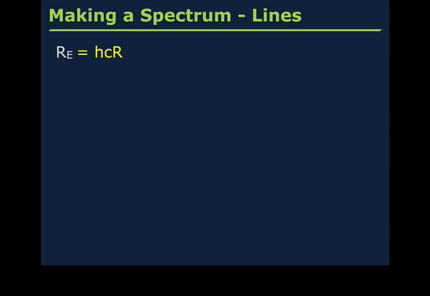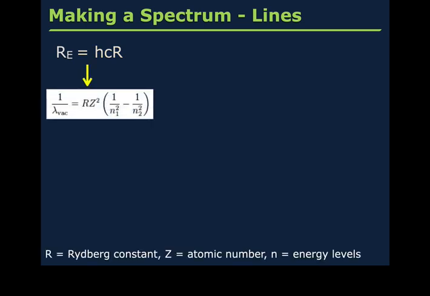Taking the Rydberg energy and dividing by the Planck constant and the speed of light gives us the Rydberg constant, so just R here as opposed to R sub e. And we can then put the Rydberg constant into the Rydberg equation. I don't know what exactly Rydberg did to get 3 different things in the same concept named after him. It's a little bit annoying, but when in doubt, if you see an R, call it the Rydberg thing.